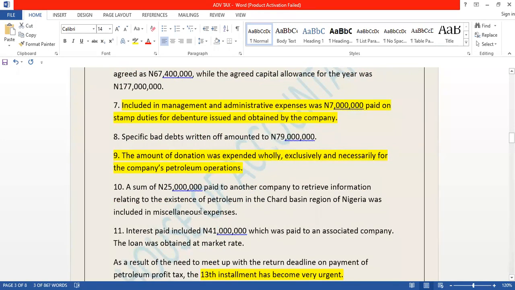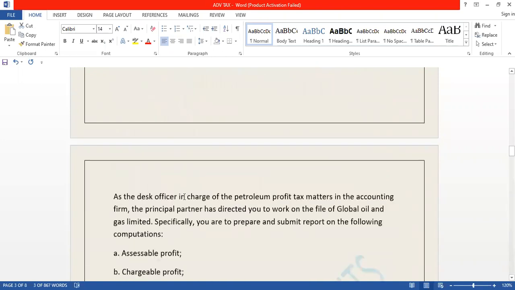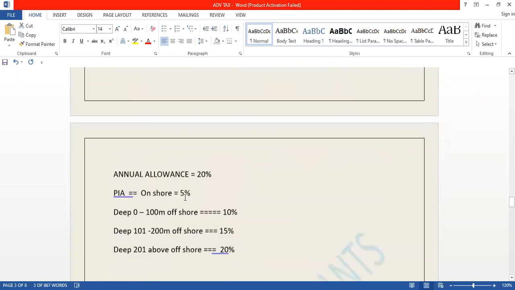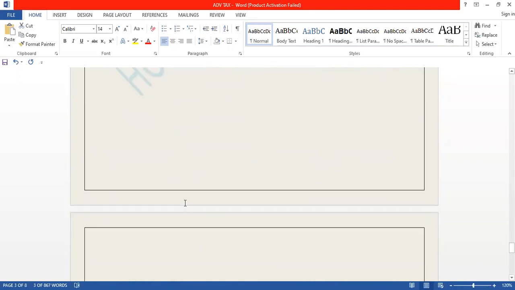So miscellaneous now, we have it here. They said 25,000 paid to another company to retrieve information relating to the existence of petroleum in the Chad-based region of Nigeria was included. So a sum of this was paid to another company. So we have to remove this from that amount. So we have 25,000 minus what do we have currently?